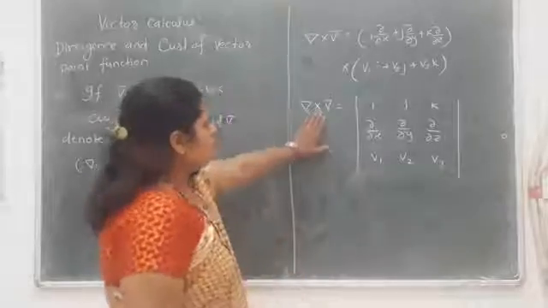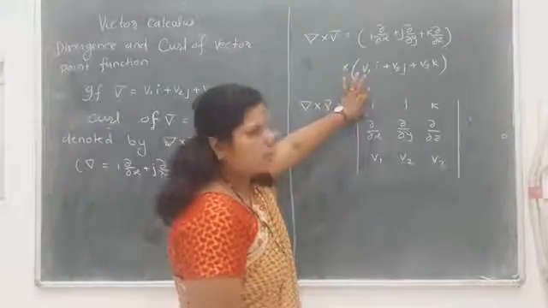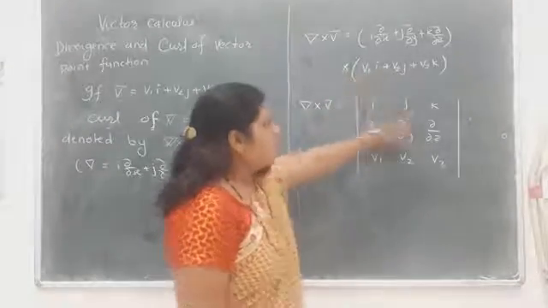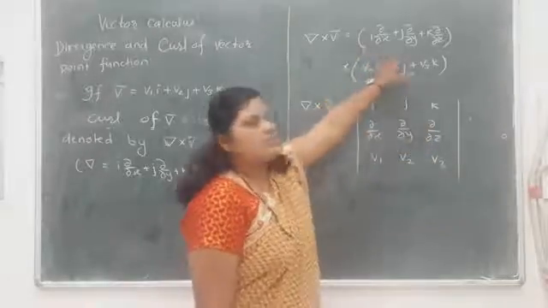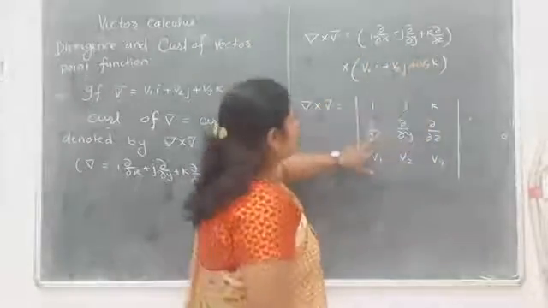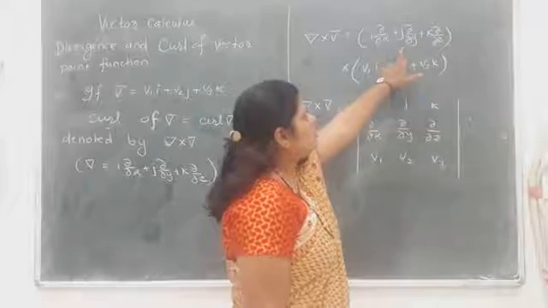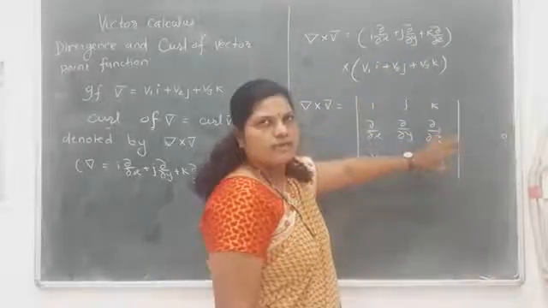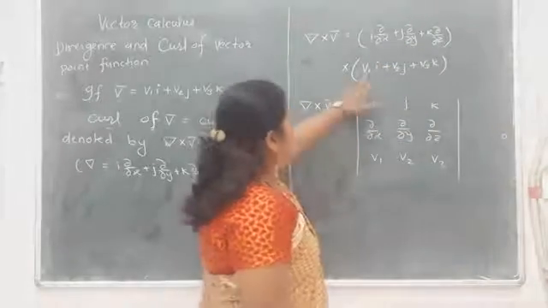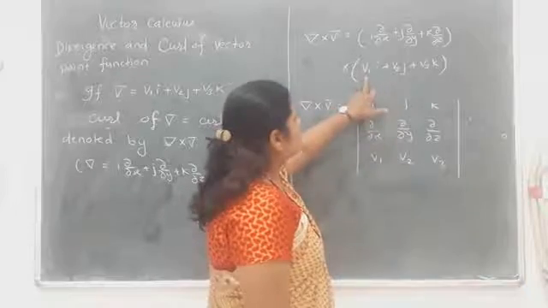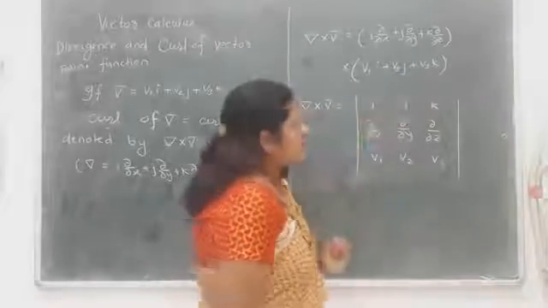So del cross V bar can be written in the form of a determinant.